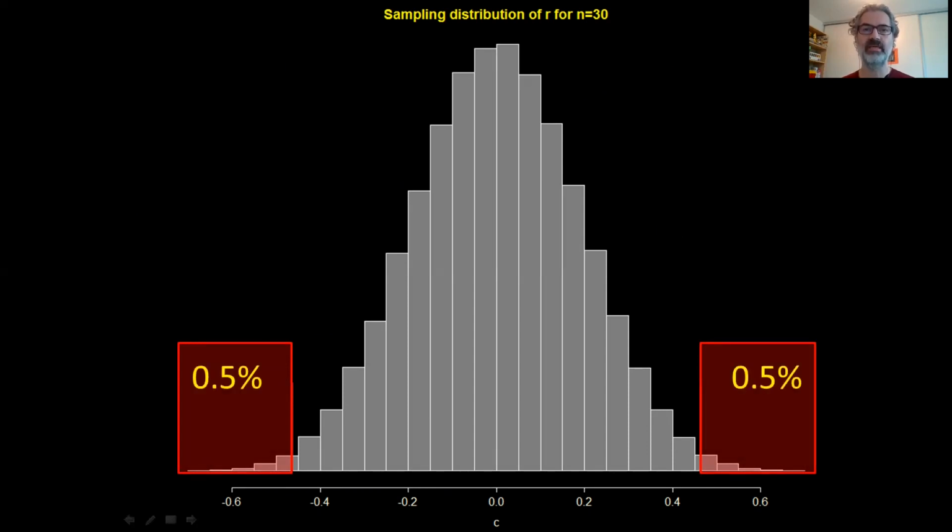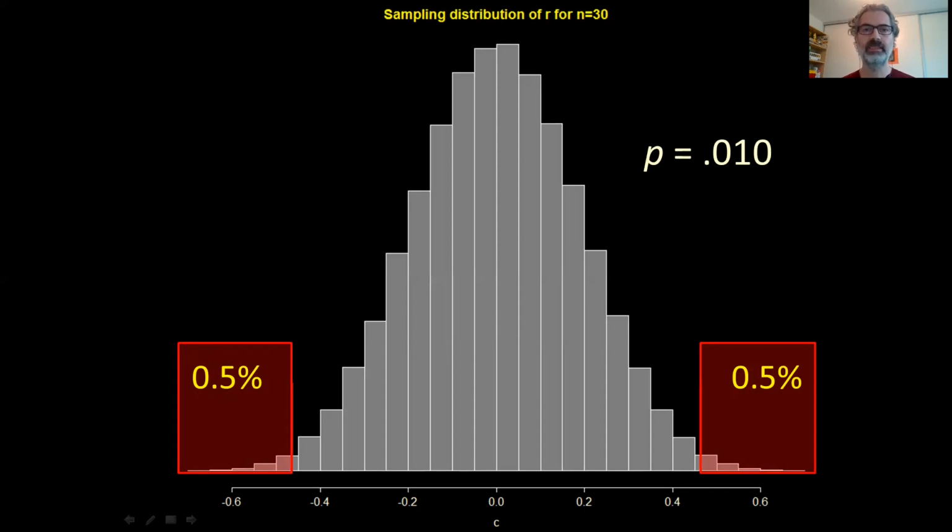It's 0.5% on each side. So in total, the p-value for our R of 0.46 with 30 data points is 0.01. It's 1%. This is lower than the conventional limit of 0.05, and therefore we can conclude that there is a statistically significant correlation between the two variables in our sample. We reject the null hypothesis that R equals 0.